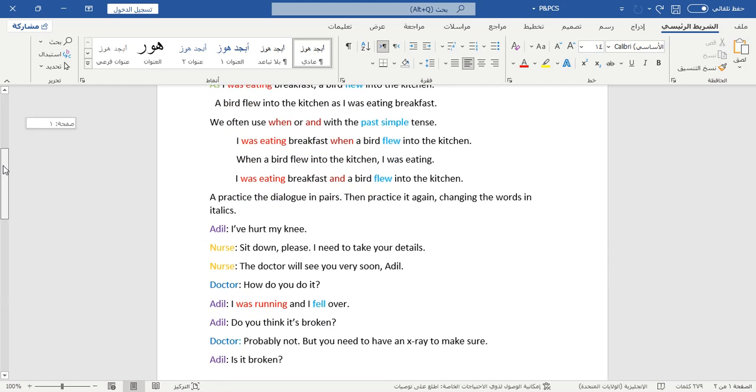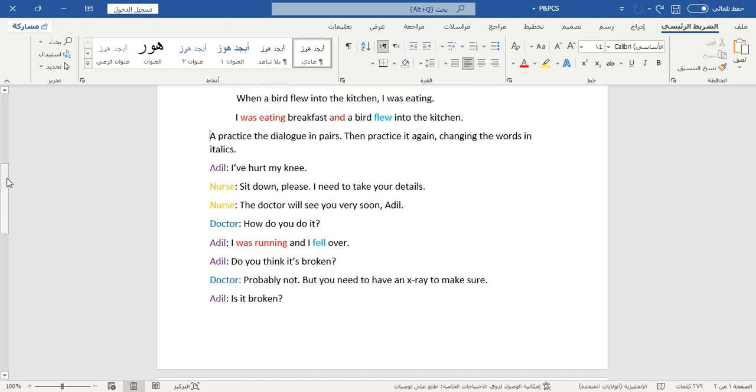So, continue our lesson. Practice the dialogue in pairs, then practice it again, changing the words in italics.